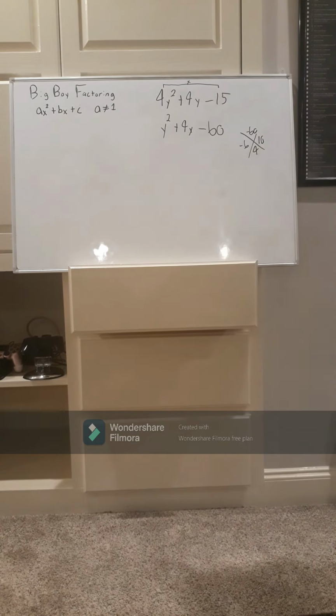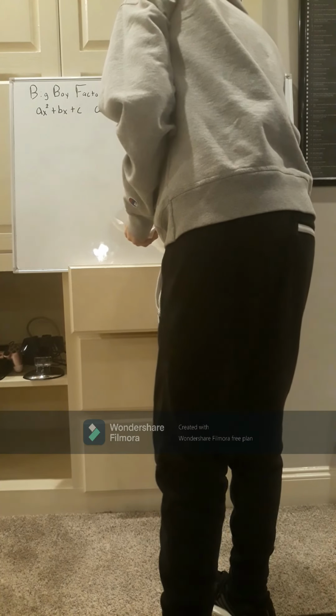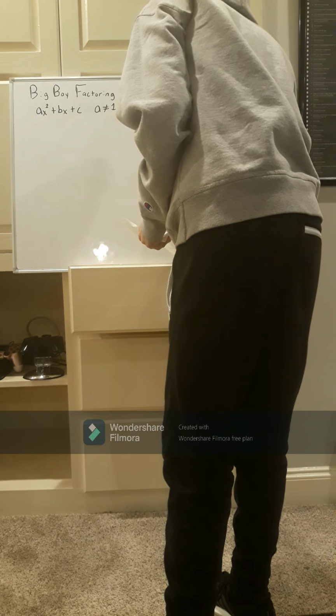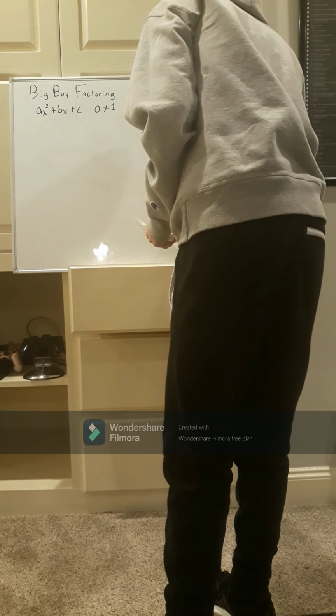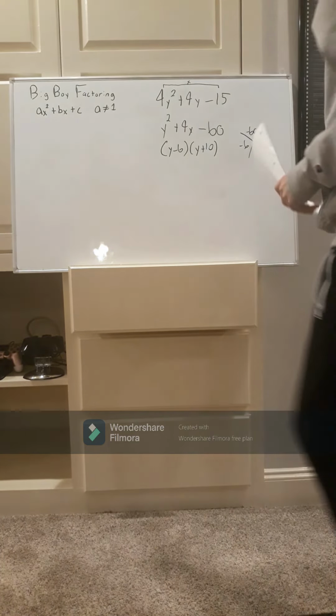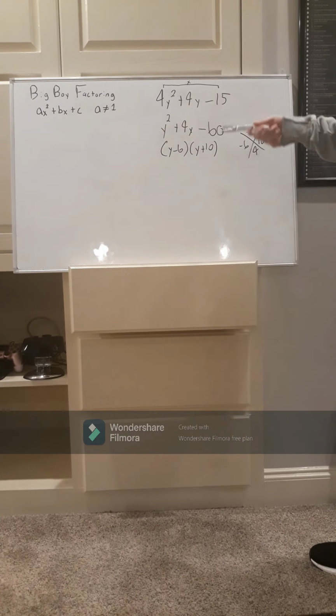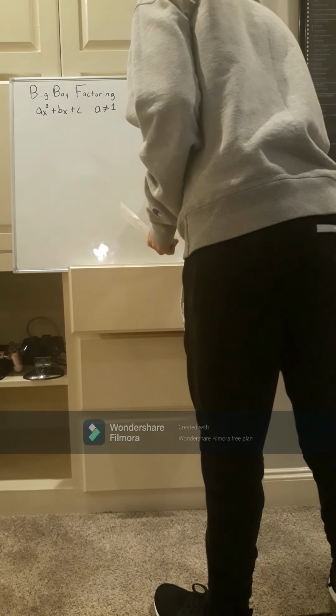Okay, now we can set up y minus 6 times y plus 10. But since we multiplied negative 15 by 4 in the beginning, we must now divide each side by 4.